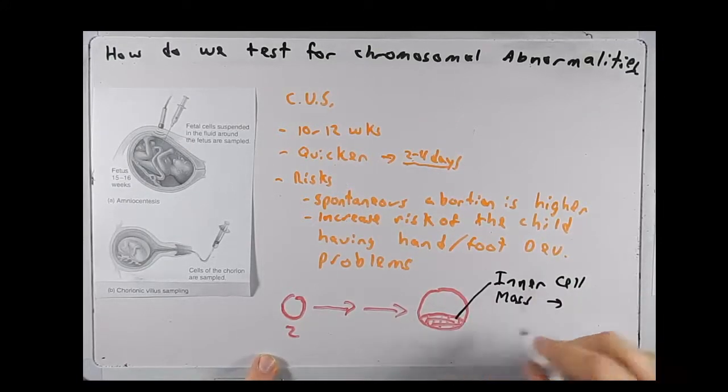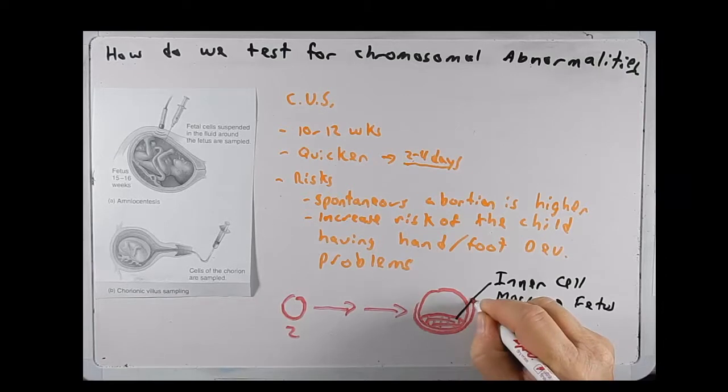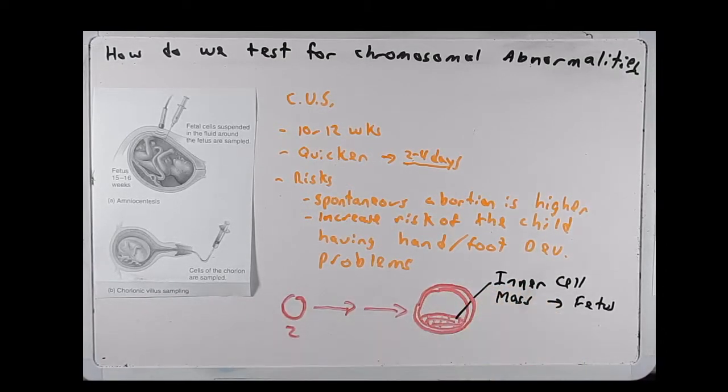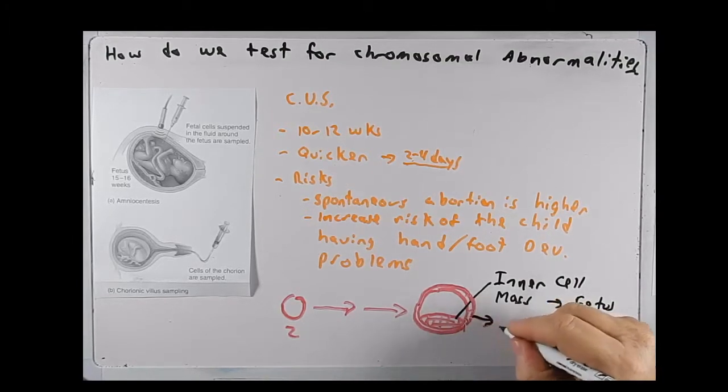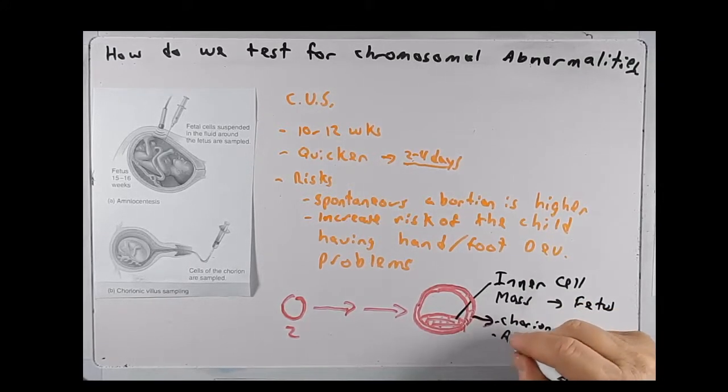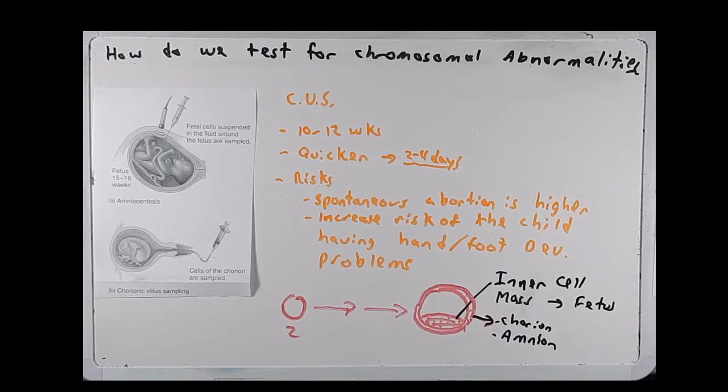And this inner cell mass goes on to become the fetus. The cells around the blastocyst, so remember the blastocyst is like this tennis ball that has this inner cell mass on the inside. But the outer part of this, these are also cells. And these cells go on to form the chorion, the amnion, and all those other structures that we talked about when we talked about human development.